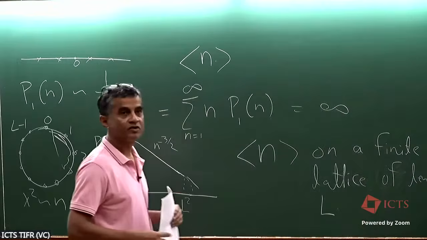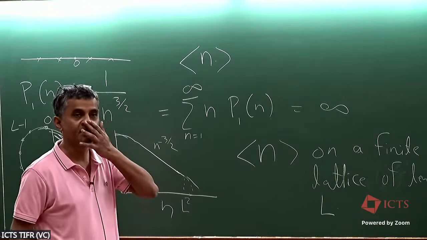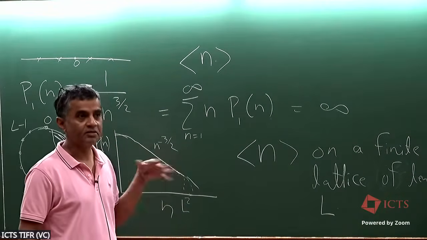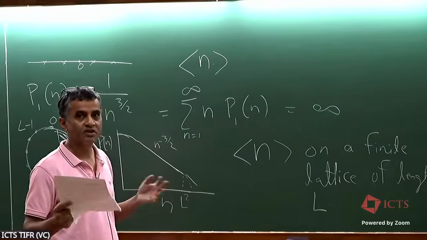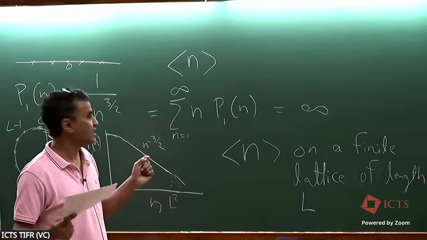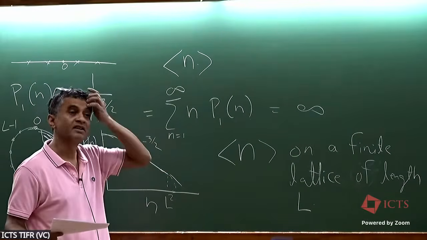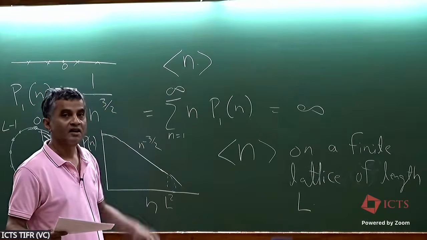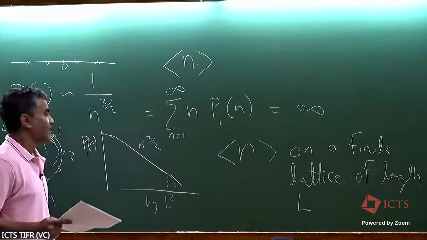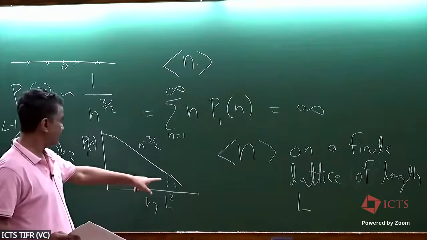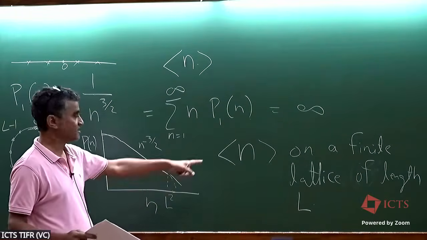It should depend on L clearly, because as L goes to infinity it should be infinite. But what power should this be? From what we said here, can we try to estimate this N?